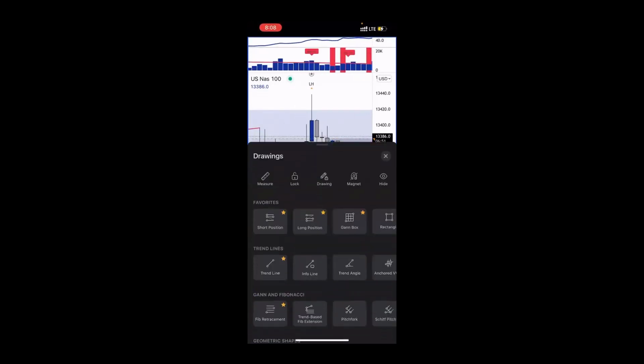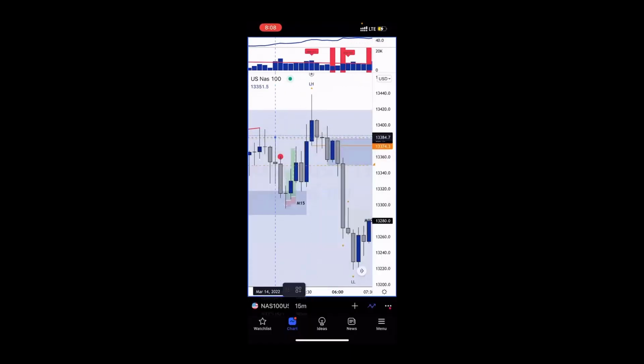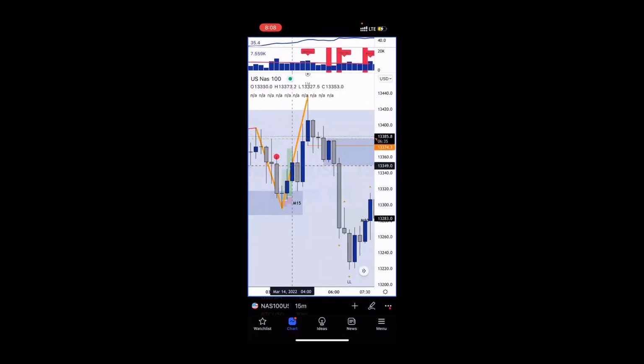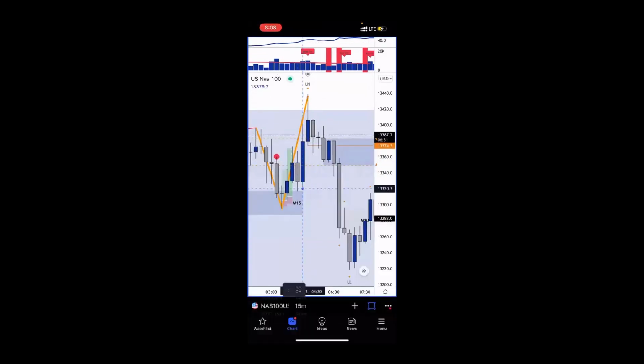Now, I'm going to draw this with a path. Price comes down here. Price comes up here, right? So essentially, where this gray candle is, right here, this is the demand, right?